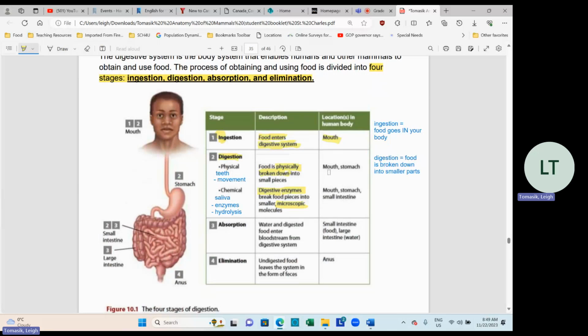Then digestion continues in the stomach, right? So you can see the 1 and 2 outside the mouth. That means it does number 1, which is ingestion, and number 2, which is digestion. Digestion will continue in the stomach, and that will be both physical and chemical too. So we have physical and chemical digestion, and chemical with saliva. And then in your stomach, you also have physical digestion.